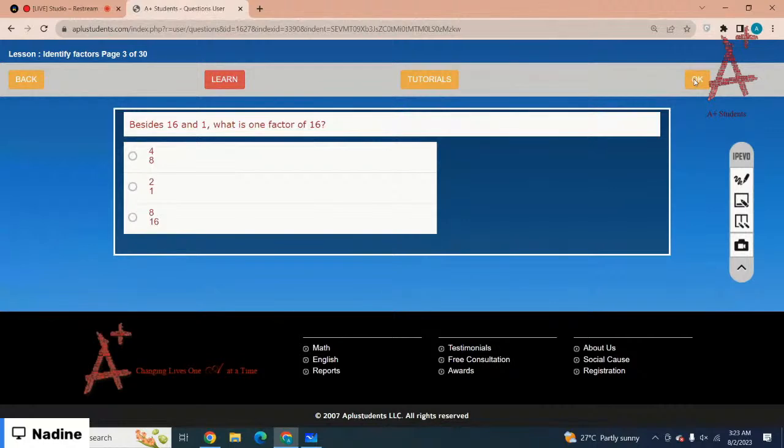Got it? Because 16 is evenly divisible by 4 and 8. Because the question is besides 16 and 1. 8 and 16 are also factors, but here you have 16. So the correct option is 4 and 8.